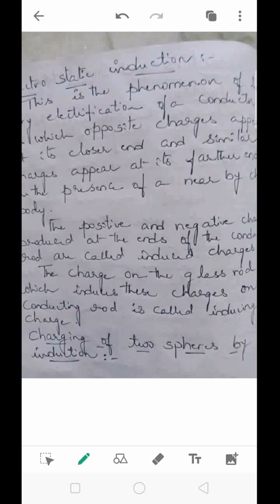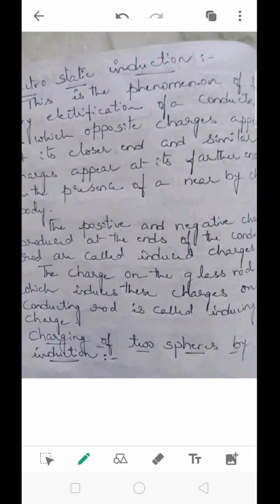Okay, now the positive and negative charges produced at the ends of the conducting rod in this process are called induced charges. So what are the two types of charges usually produced? Positive and negative charges. These two charges will be seen at the two ends of the conductor. If a positively charged body is brought near, negative charge will be seen near it.